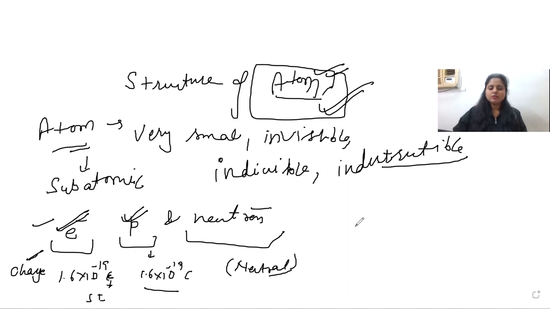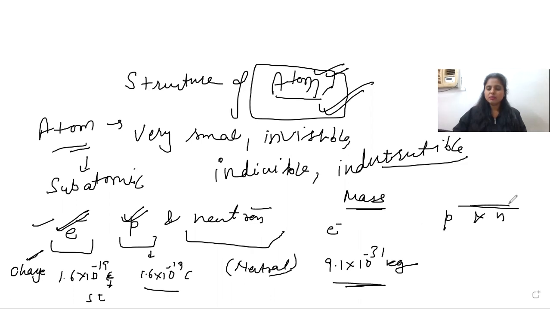And what about masses? So they have mass also. Electron has mass 9.1 into 10 raised to power minus 31 kg, which is a very small quantity. And proton and neutron have the same mass. So what is their mass?